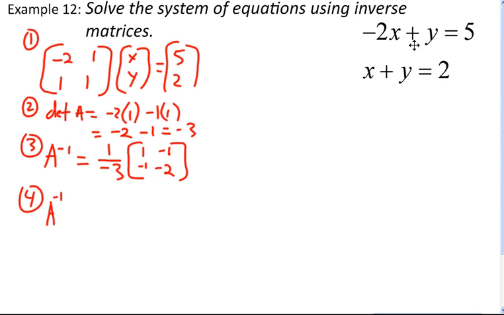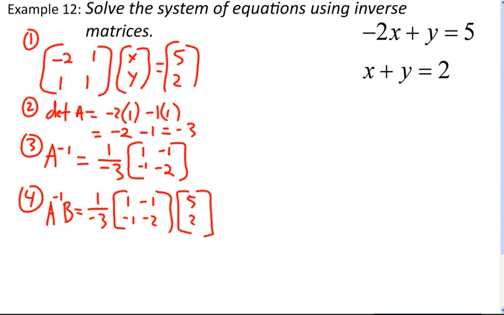A inverse times B, which will equal the inverse times the constant matrix. B is 5 over 2. Do not multiply that scalar out front, that fraction, yet. So just leave it alone.